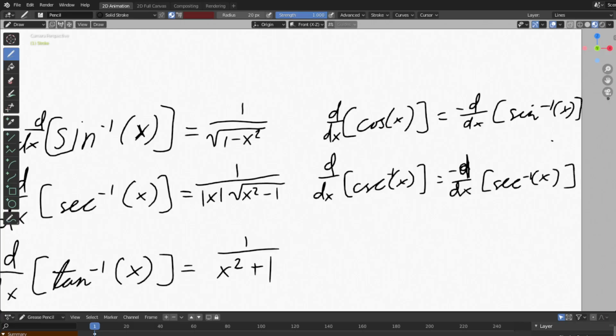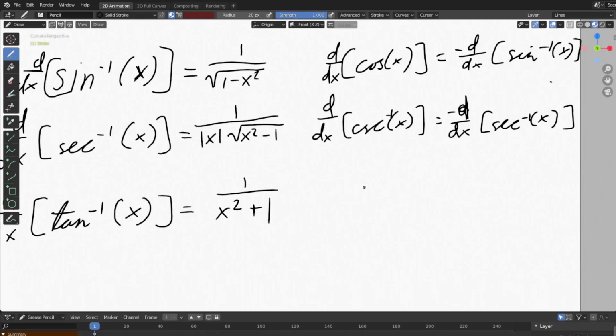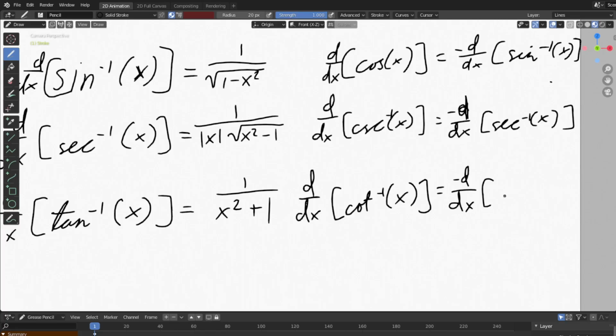You might notice the pattern, which honestly means that instead of having to memorize 6 things, you only have to memorize 3, which is really nice. And arccotangent equals negative the derivative of arctan x.